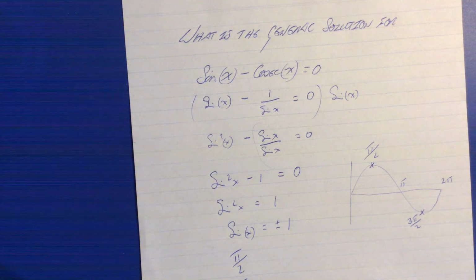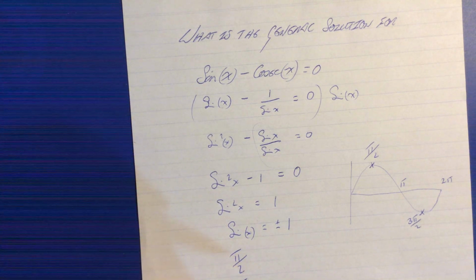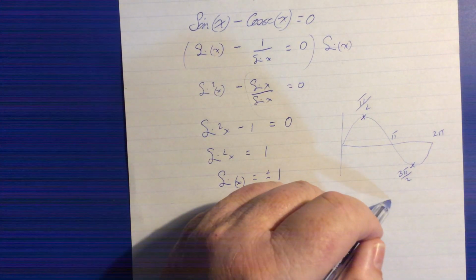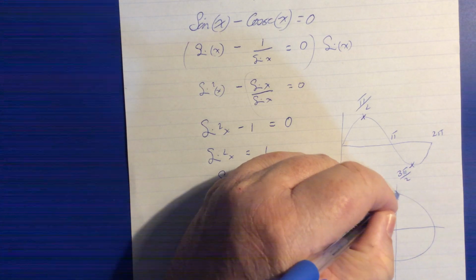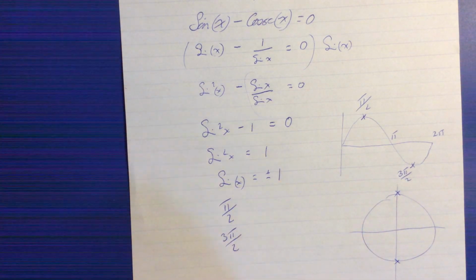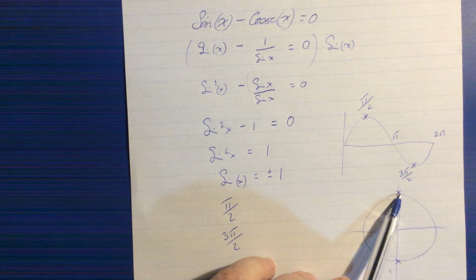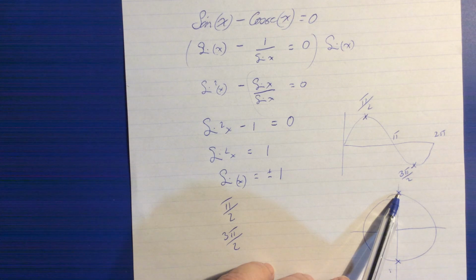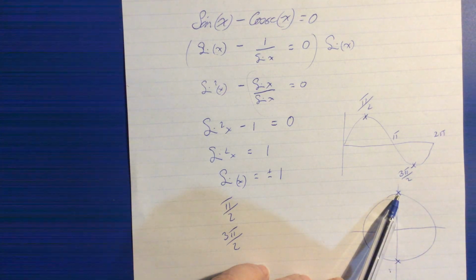Now, the question is, what do we add or subtract to these to get a general solution? Back to the unit circle. Let's just consider these points. They are here and here. If we start here at pi on 2, we have to go 2 pi to get back to that.